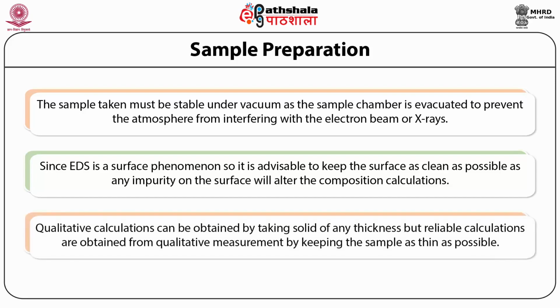Qualitative calculations can be obtained by taking a solid of any thickness, but reliable calculations are obtained from quantitative measurement by keeping the sample as thin as possible. So, if the above mentioned points are not kept in mind, there might be chances of contamination and we will not be able to get accurate results.